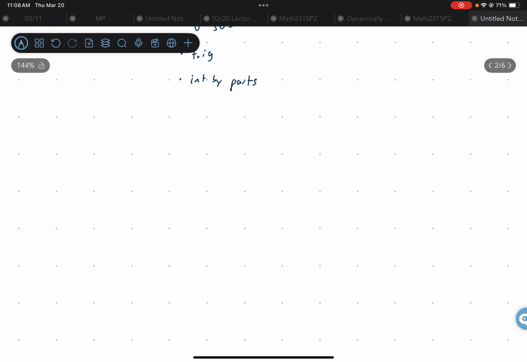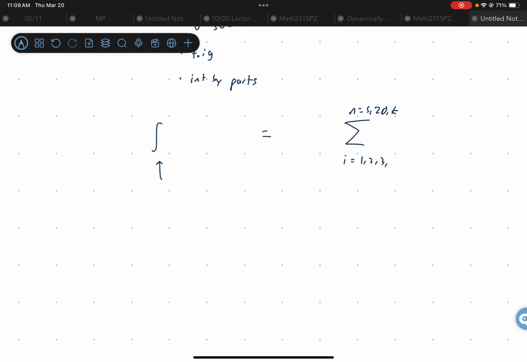I guess another quick overview about integrals and integration. So here's the integral, and an integral is actually very closely related to sigma notation. The only difference is that for sigma notation, you start at i, or you start at 0, and then i can be 1, 2, 3, whatever, and you go up until n, which can be 5, 20, any integer. Whereas integrals are like an infinite sum.